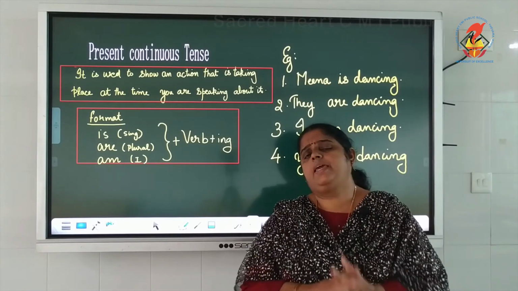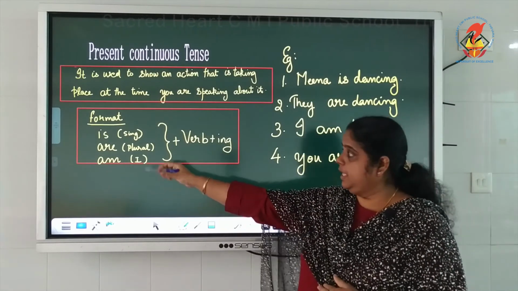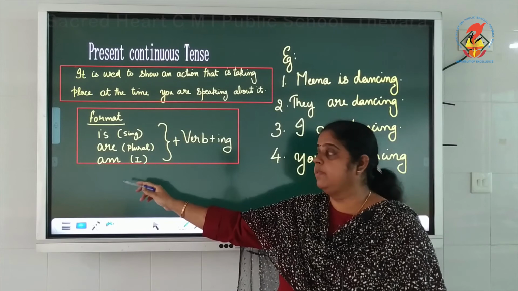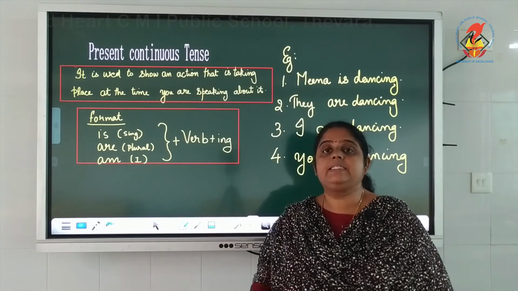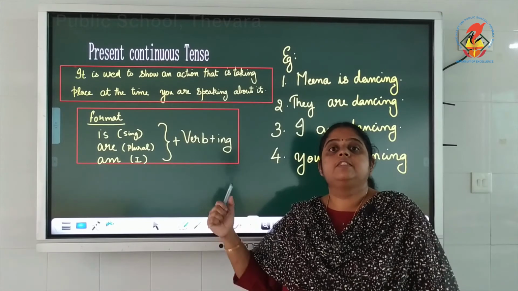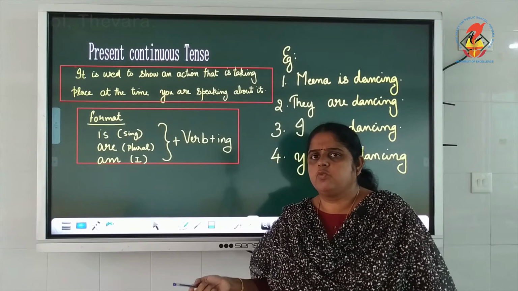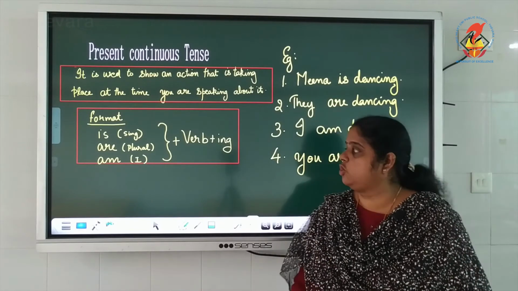And how can you make present continuous tense? Format is am plus verb plus ing. This is the format of present continuous tense. Now what is this am plus verb plus ing? I'll explain to you.